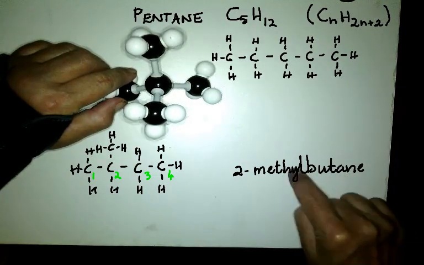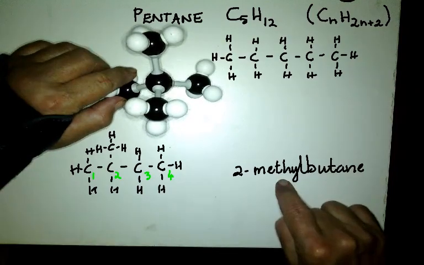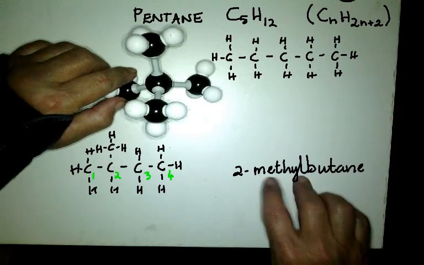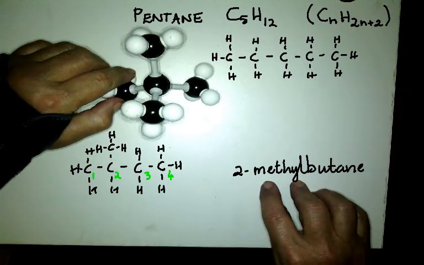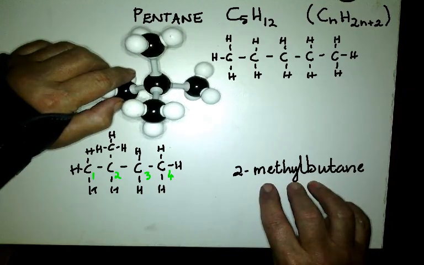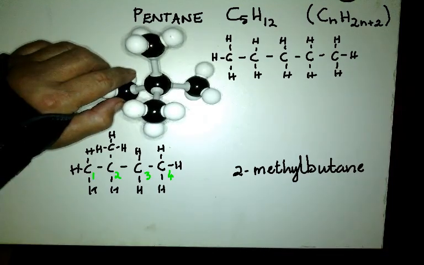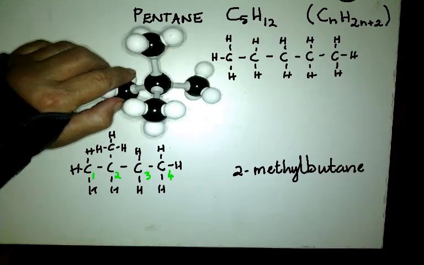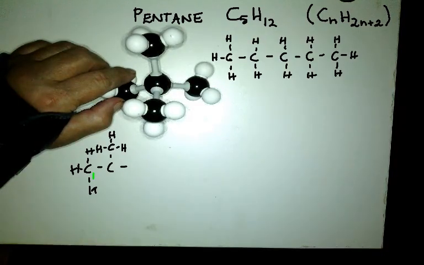If the physical properties are different, we need to be able to distinguish between the different types of isomers. So let's do that. I need to take some things away here. What I have done is take a carbon out from this chain, and we made the chain even shorter.